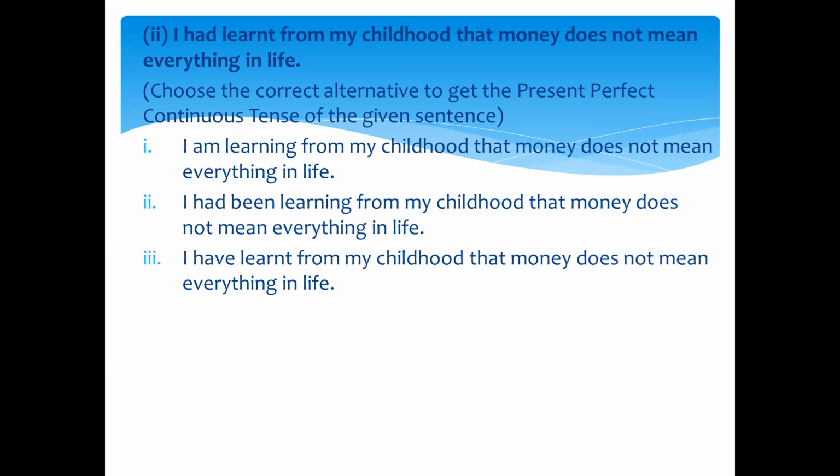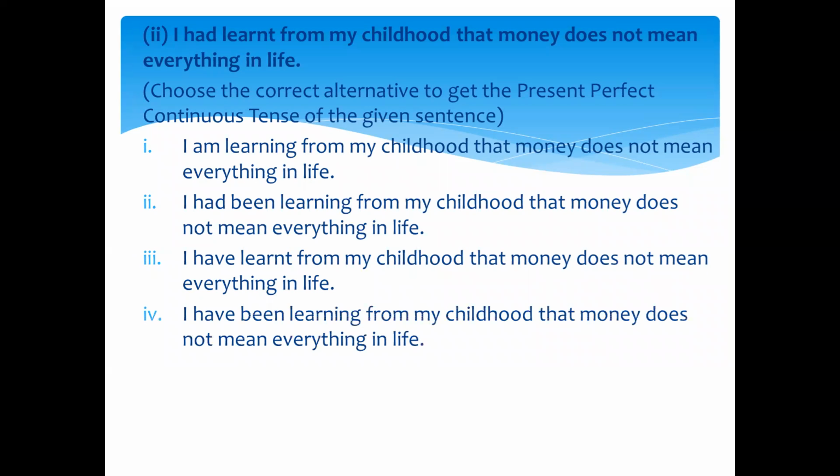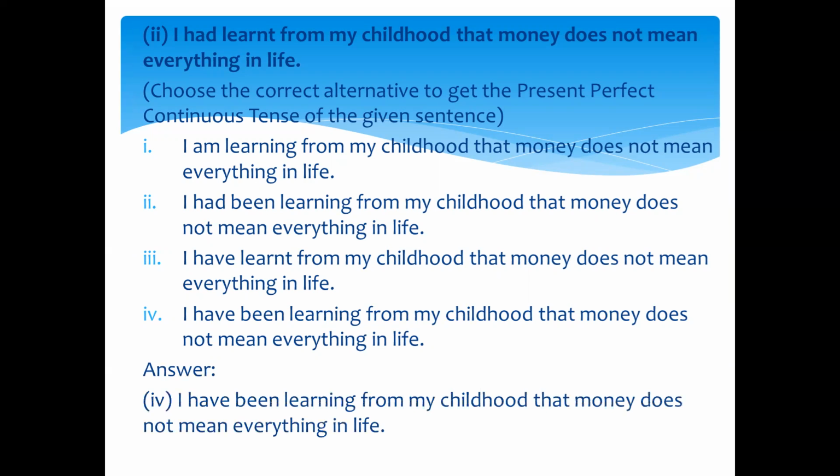Third, I have learned from my childhood that money does not mean everything in life. Fourth, I have been learning from my childhood that money does not mean everything in life. The present perfect continuous tense of the given sentence is: I have been learning from my childhood that money does not mean everything in life.